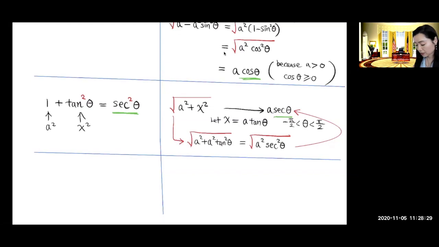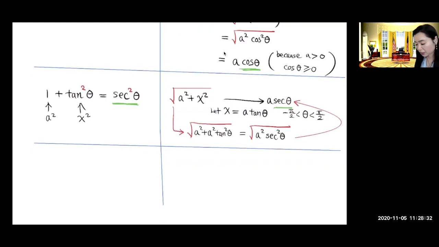Now, I can change this identity around, right? I can have secant squared minus 1 equal to tangent squared, okay, equal to the square of tangent theta.